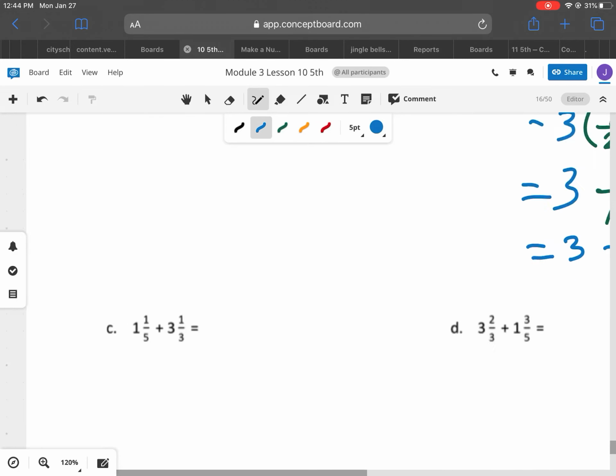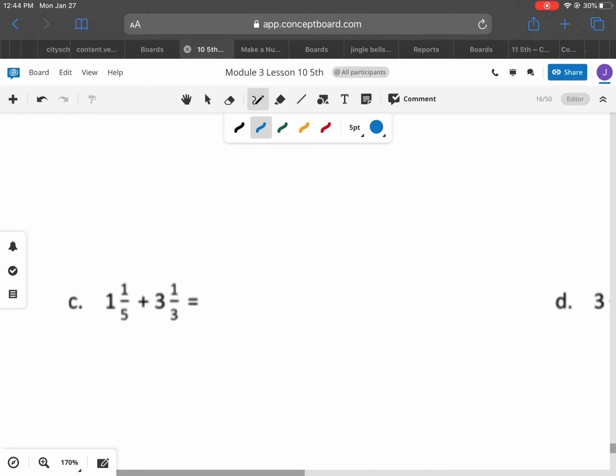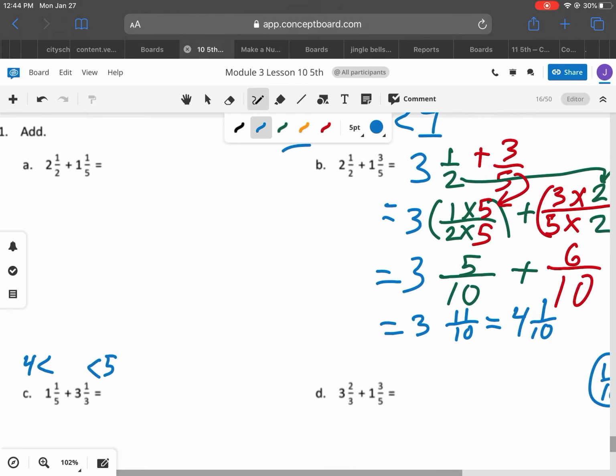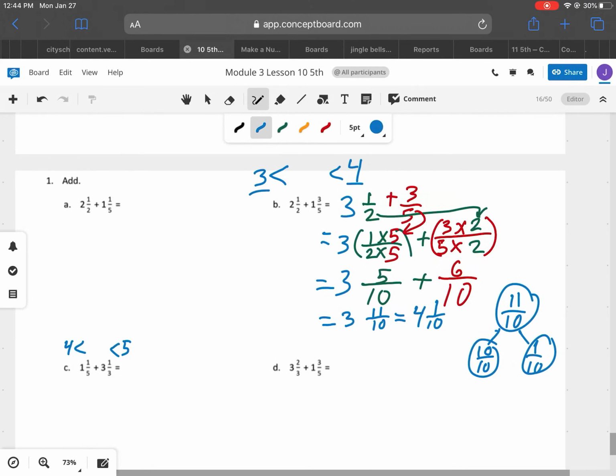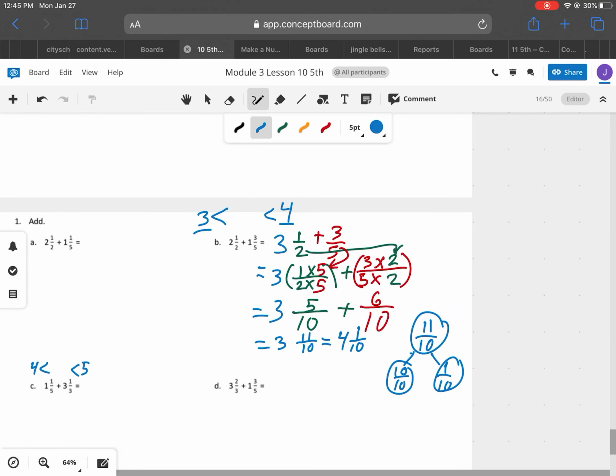All right, moving over to C. Again, there's a 4. 1 plus 3 is 4, so I know it's going to be greater than that. And it's going to be greater than 5. Less than 5. Well, it could be no. Look at what we did. I said that it would be right here less than 4, but it's actually less than 5.